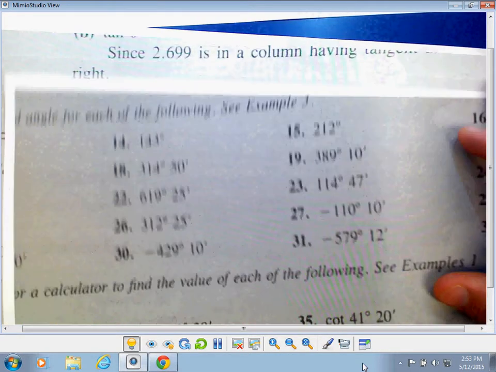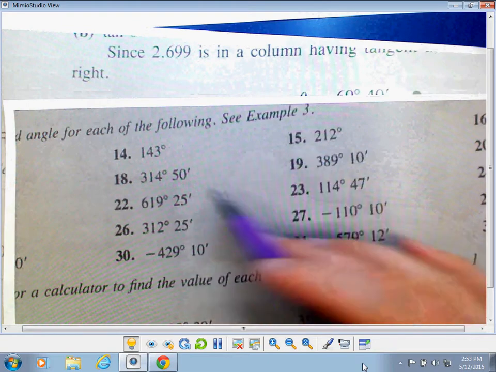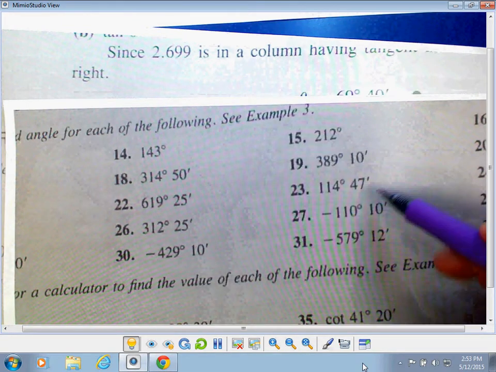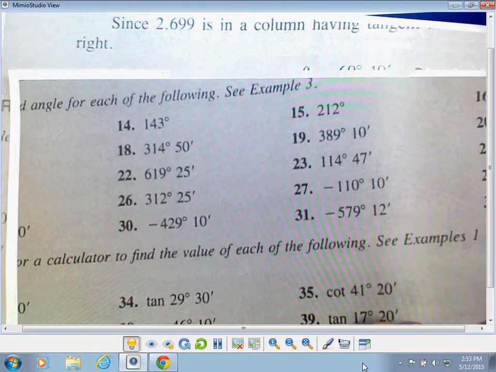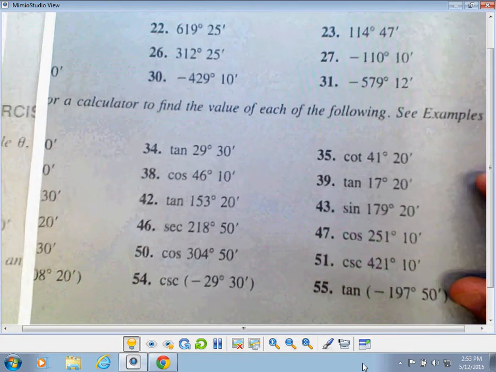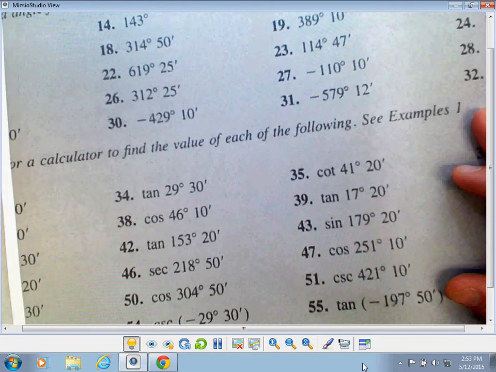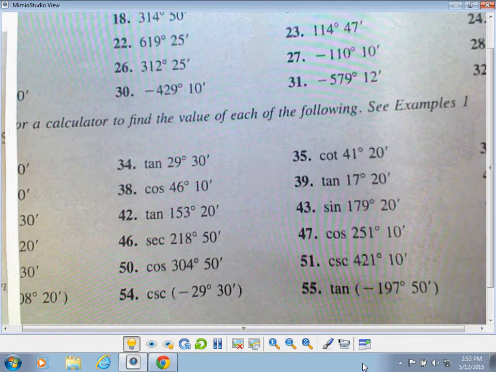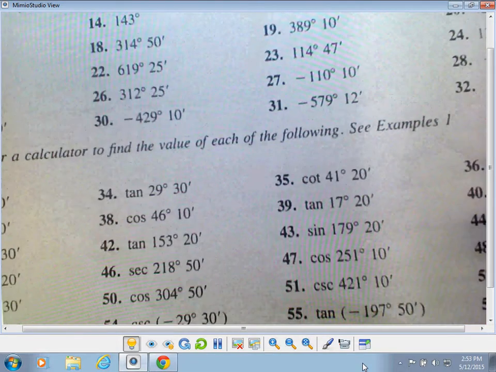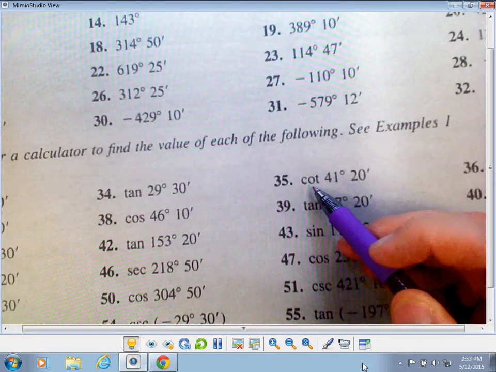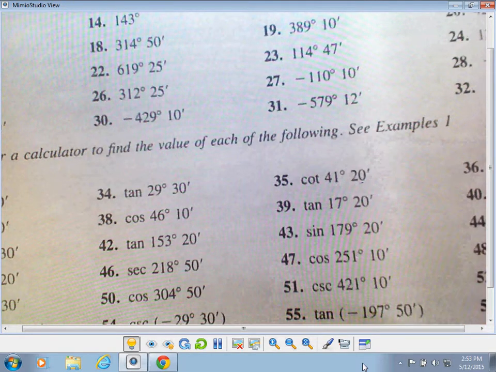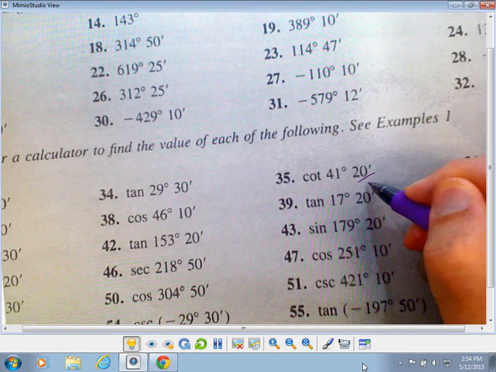Okay, I'm sorry, I can't tell what the directions are for these. I don't know exactly what you were supposed to do with it, so I don't know if this was an issue for you, or if again it were these that you're having trouble with. But once again, if you have to type this into a calculator, because it says to use a calculator to find the value, just type the trig function, and then if you want a decimal equivalent of it, just divide the minutes part by 60.